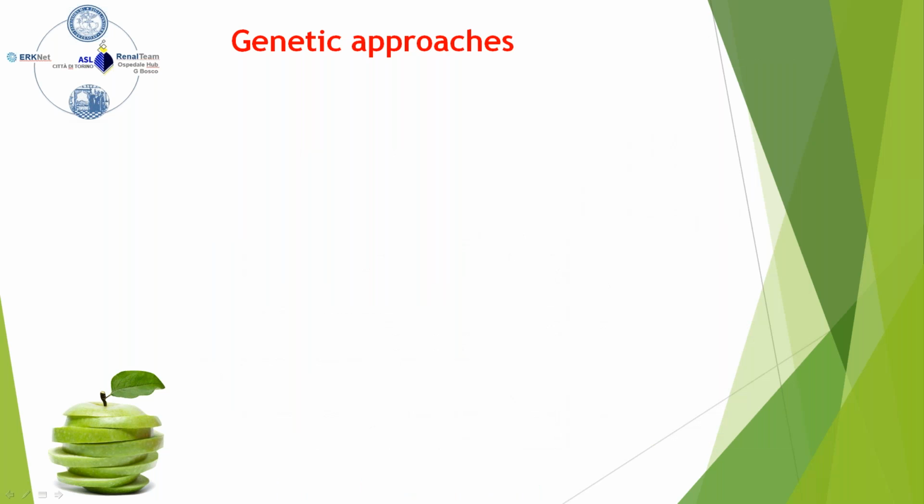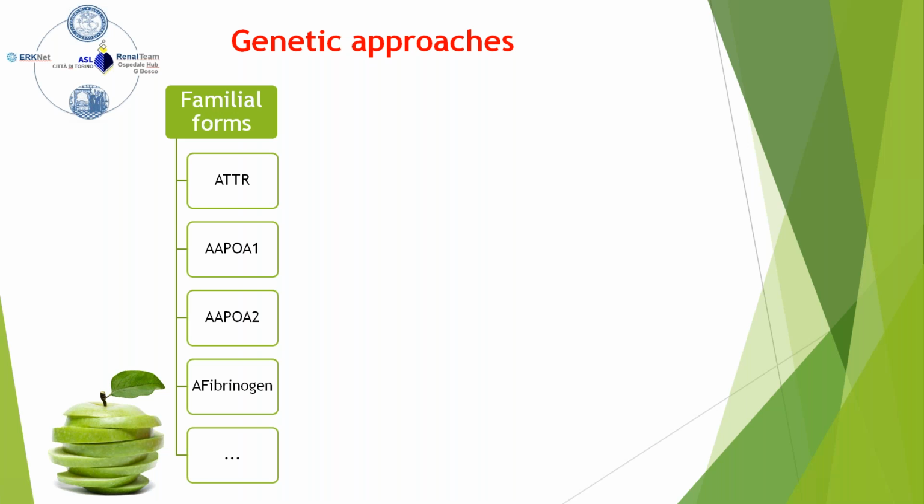Genetic approaches are important when we suspect a familial form, or when we observe the presence in the amyloid deposits of specific proteins such as transthyretin, apolipoprotein A1 or A2, and so on.